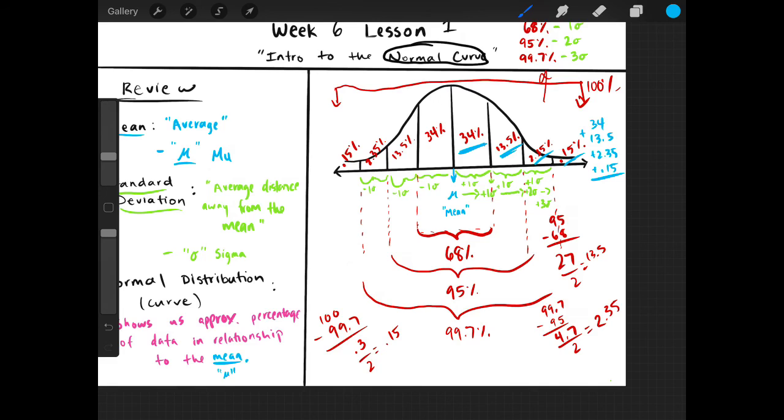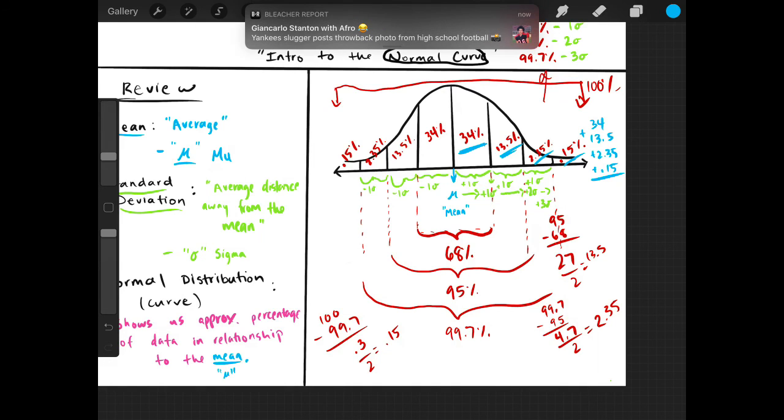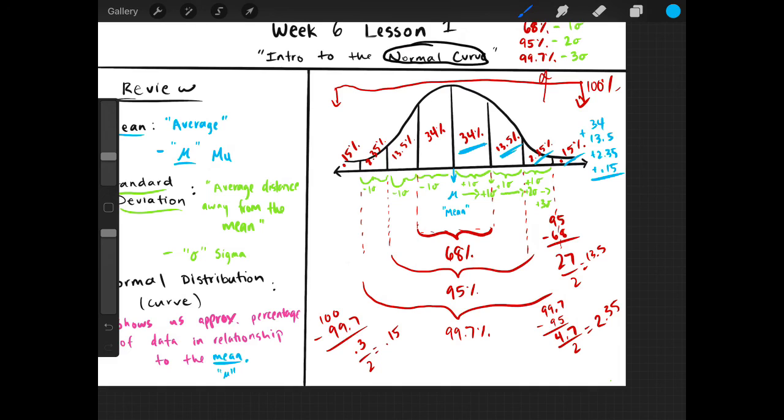Let me do that real quick. We can check and then we can be on our way. 34, 13.5, 2.35, whoops, sorry, 0.15, and yes, that sure does give us an even 50, which is good. So you can always check yourself to make sure you're right.